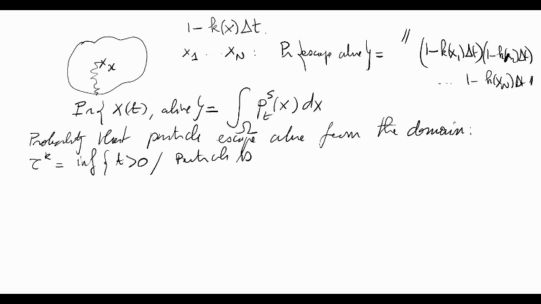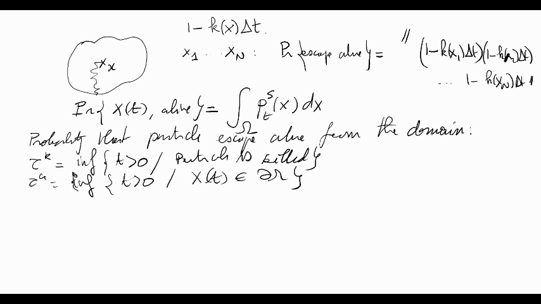And then there is an arrival time, which is the first time that the particle arrives at the boundary of the domain, the boundary of omega. What we are interested in is the probability that the time to arrive is less than the time to be killed. This answers the question of the probability to escape alive.